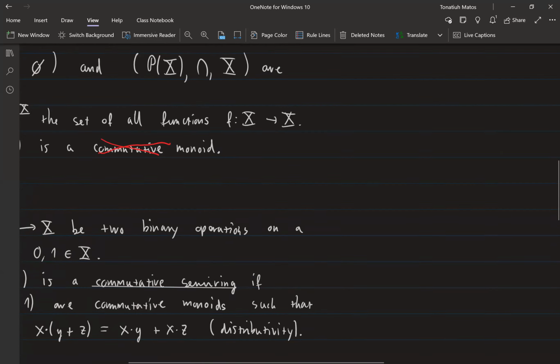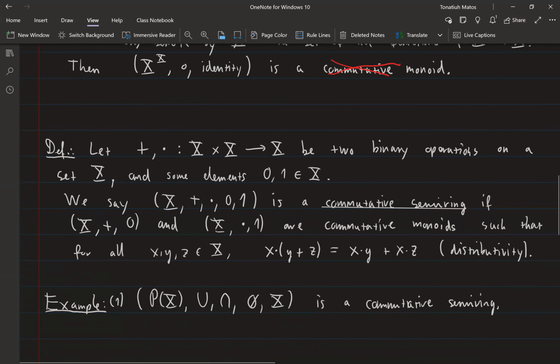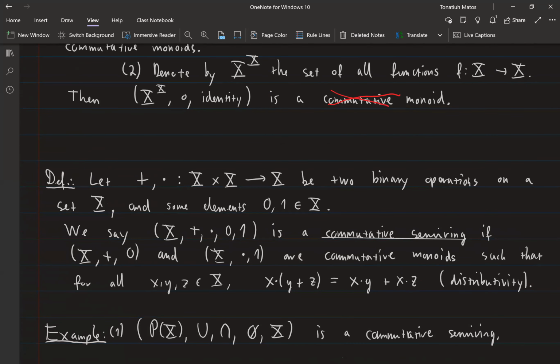So let's see what examples I wrote in anticipation. Okay, I think I only have one example right now, but every structure that we will study in the future will also have this property, so it will be more relevant as we move along. A power set with the union, the intersection, the empty set, and X is a commutative semiring.